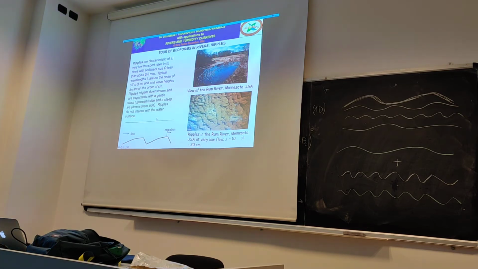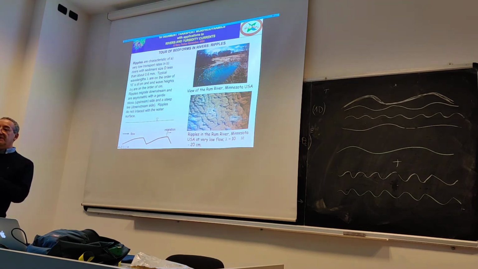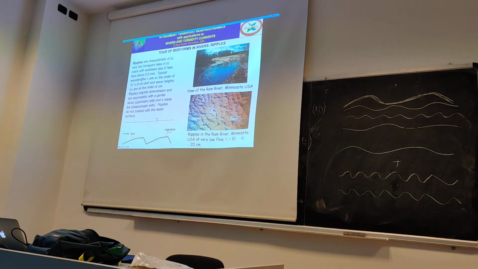Okay. So what you expect your linear stability analysis to predict is that if the shear stress is low and the sediment is fine, then you should observe the formation of ripples.